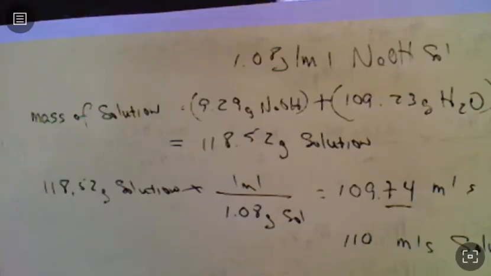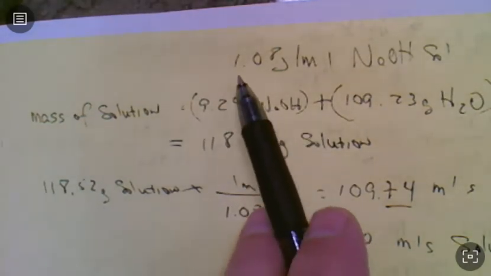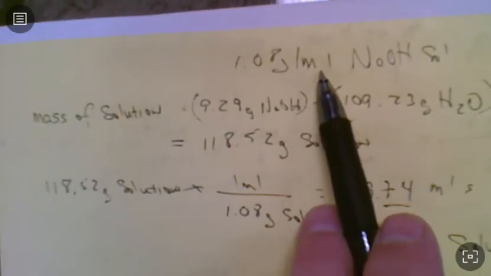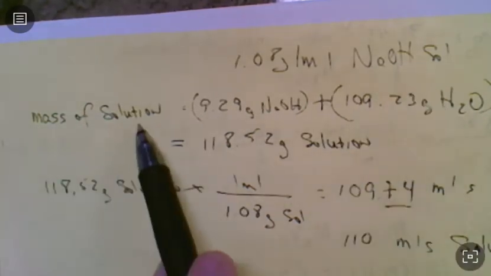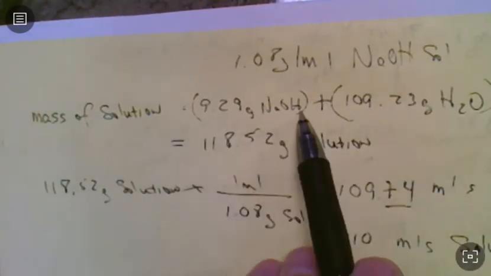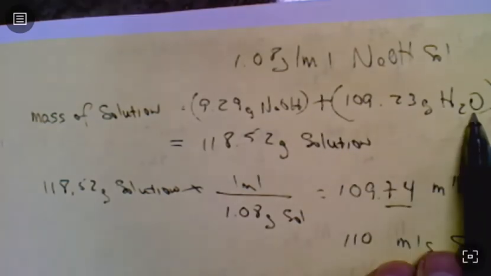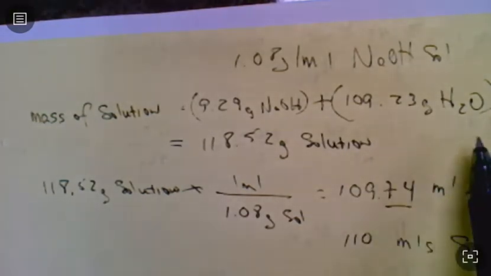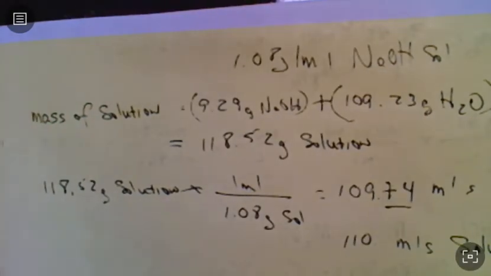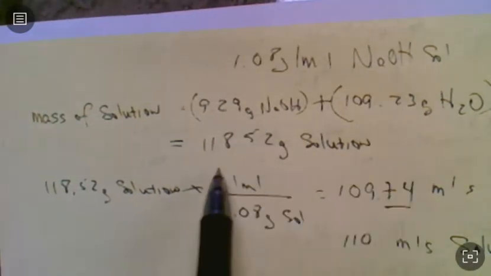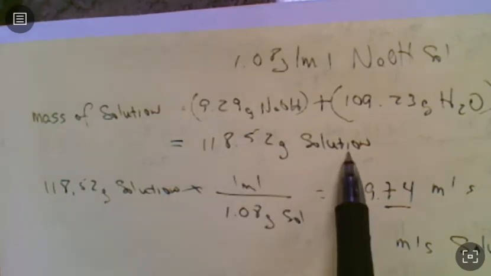All right, so here's how we're going to calculate our initial volume. We know that we have a density of 1.08 grams per mil of our sodium hydroxide solution. So the mass of the solution is nothing more than the mass of the sodium hydroxide that we added to the water. But now we want to figure out what the volume of that solution is. If I add those two together, I have the mass of the solution, which is good.